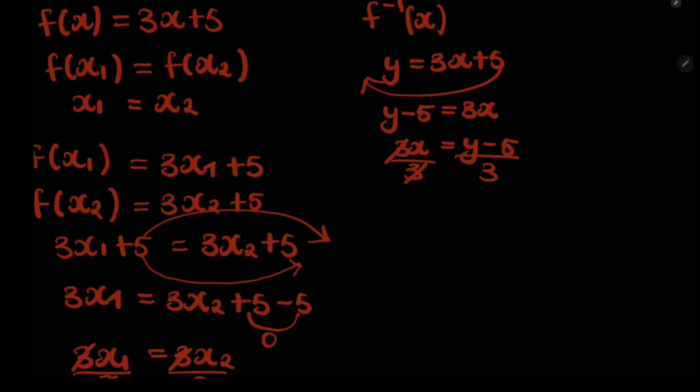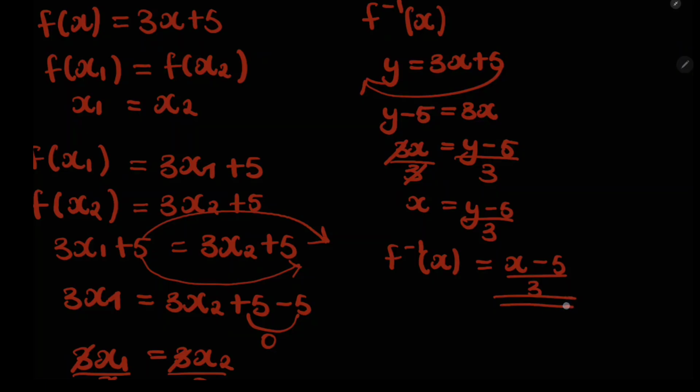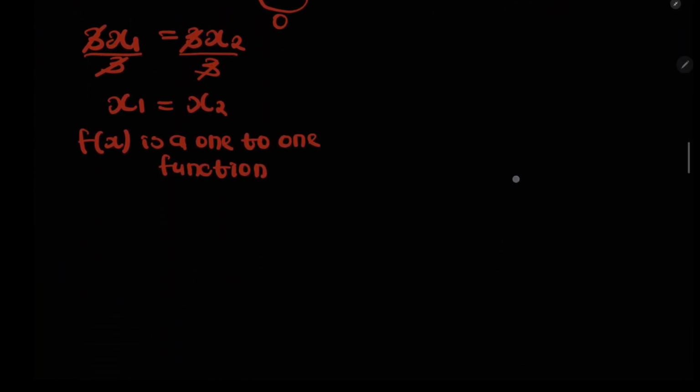The 3's will cancel, so we have x equal to y minus 5 on 3. So that is what we have, and we can say the inverse of our function f is equal to x. Remember, we substitute y with x now when we are writing the final function, x minus 5 on 3. This is what we have. Okay, this is it for this function.